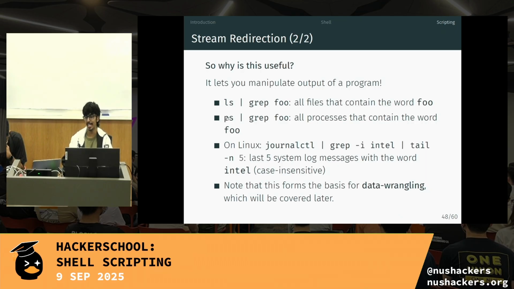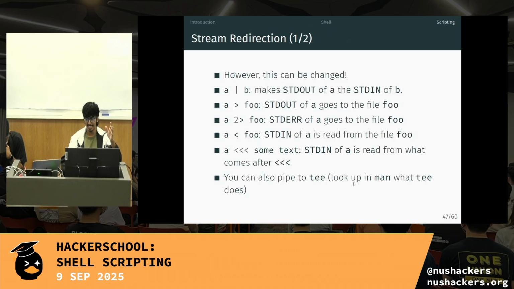There's also ps, which lists all processes, and then again you can search for a certain command. This is another example. The idea is that with these few piping operators, you can combine simple commands or simple programs into much more complicated things.